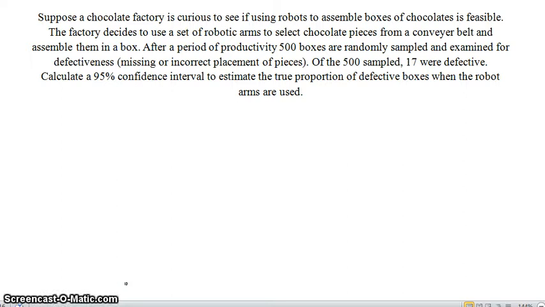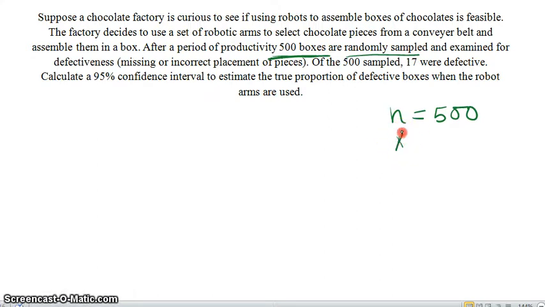We want to calculate the 95% confidence interval to estimate the true proportion of defective boxes when the robot arms are used. If we want to underline the important pieces, N is our sample size of 500. We have a random sample, that's important for our conditions. We're talking about a categorical variable, so we will use a Z procedure for proportions.